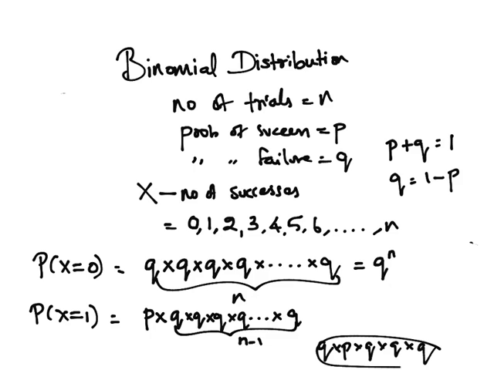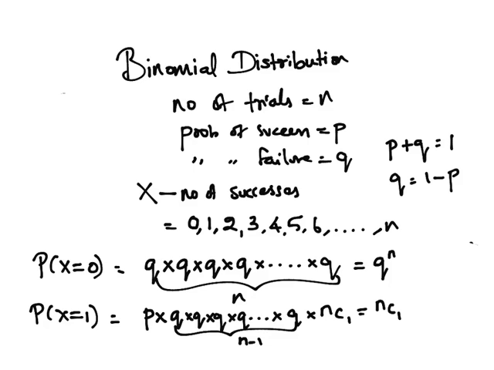This is also possible. Or I can also have the third trial success and the rest of them failure. So likewise there are actually nC1 possibilities, different possibilities. So I can write it as nC1 p power 1 q power n minus 1, right? So p of x equal to 1 is this.